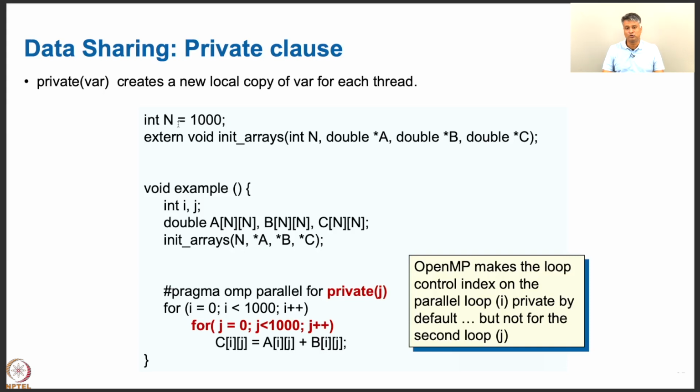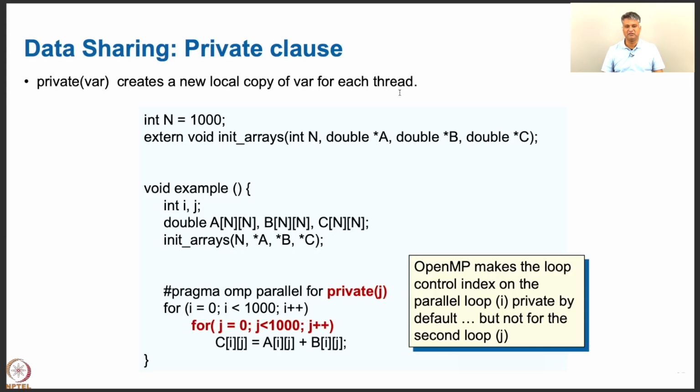And this can lead to a lot of confusion. Typically, if you are working with two-dimensional arrays as shown in this program, unless I specify that the index j is private in the parallel for construct, it is not assumed that j is private, and j would then be shared amongst different threads, causing abnormal behavior of the program.